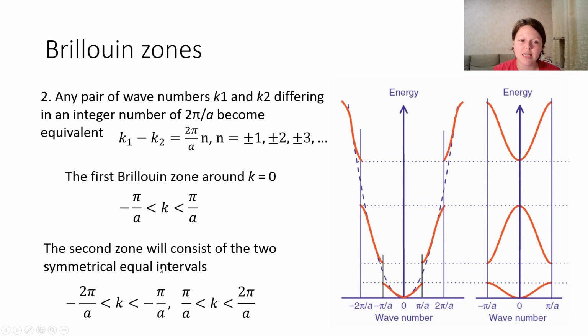For example, the second Brillouin zone is confined by this condition. At the same time, we also can have the third Brillouin zone, the fourth Brillouin zone, and so on and so forth. But it really makes sense to move all energy branches to the first Brillouin zone because it is more comfortable to use, because we have the zero point here.